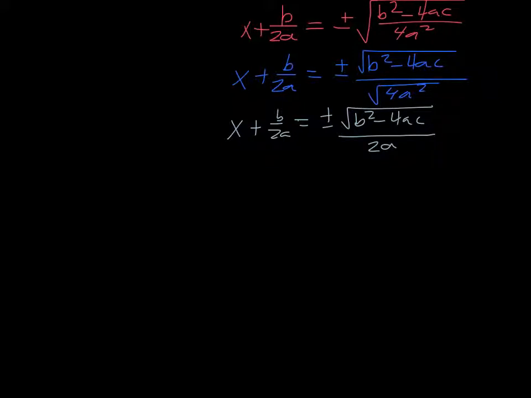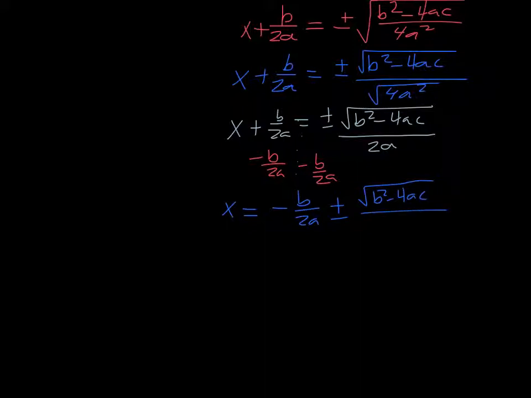And then I subtract my b over 2a from both sides. And that's going to give me x equals negative b over 2a plus or minus the square root of b squared minus 4ac divided by 2a.